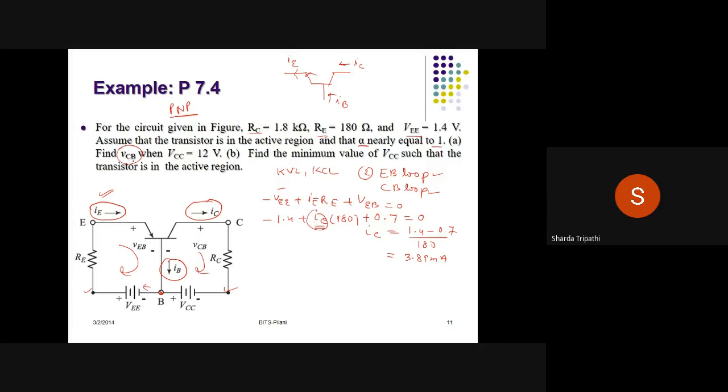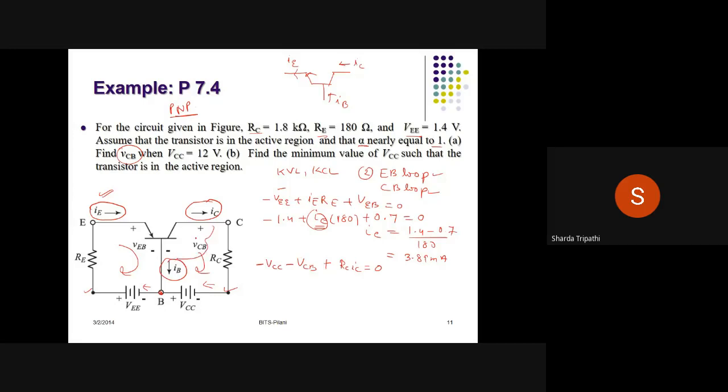Now the question asks us to find out VCB, and we know that VCB is the part of other loop, that is the collector base loop. So what we do now, we'll apply KVL again to this loop. So if you apply KVL in this loop, what are the voltage drops? You have minus VCC minus VCB plus RC IC is equal to 0.